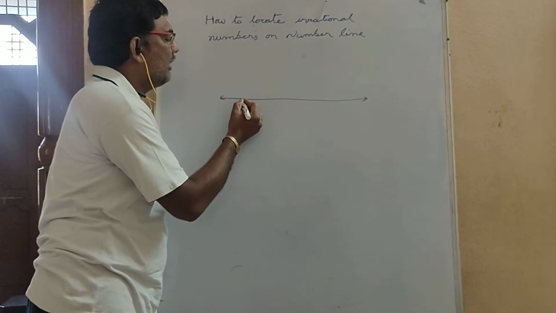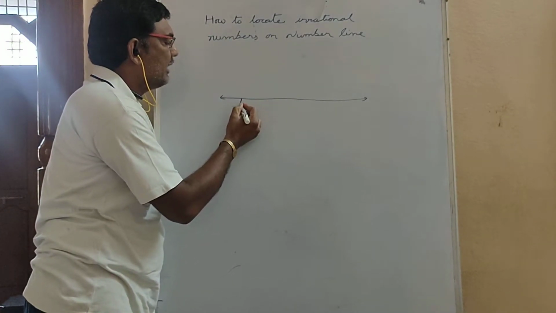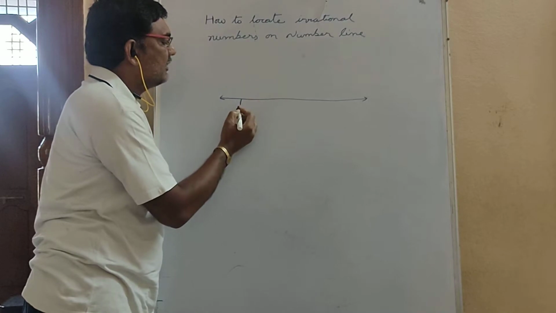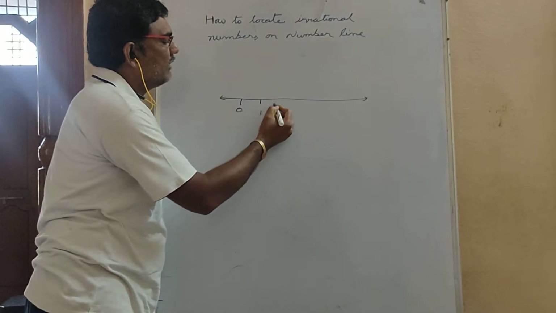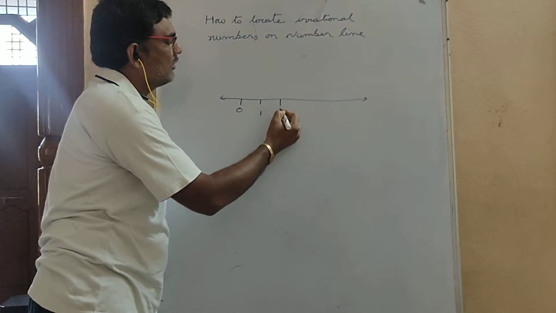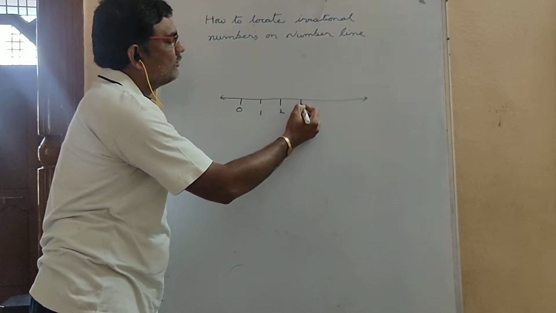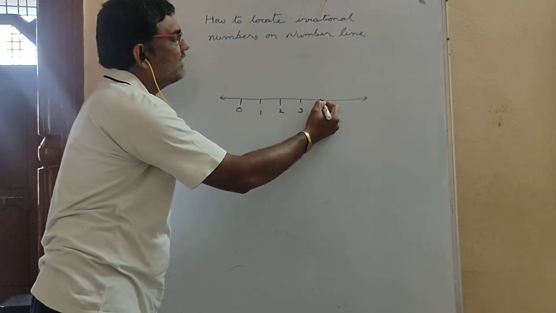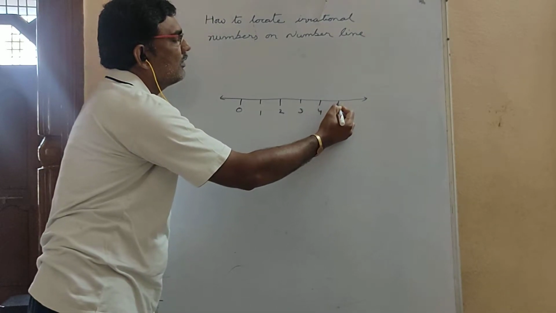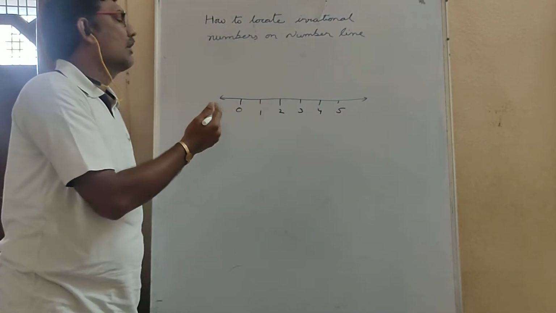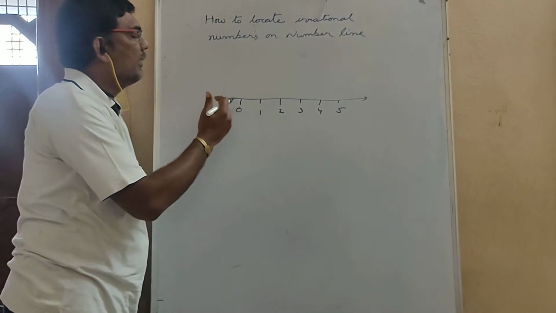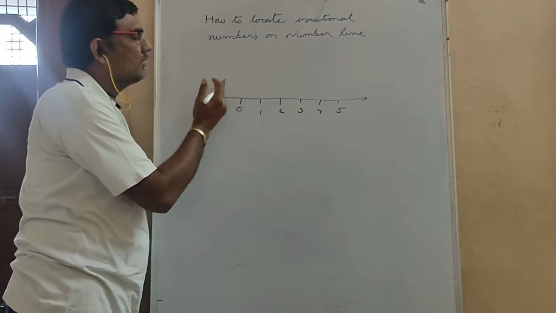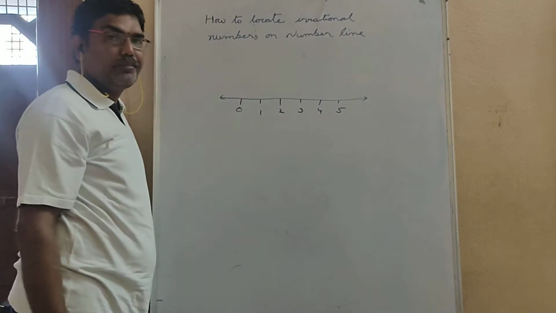On the number line you will get some gradings, that is 0, 1, 2, 3, like this. These are just markings. It is one number line, and on the left side also -1, -2, -3 will be there.